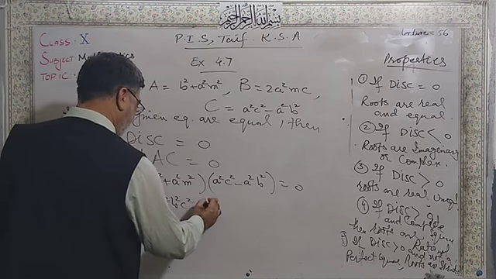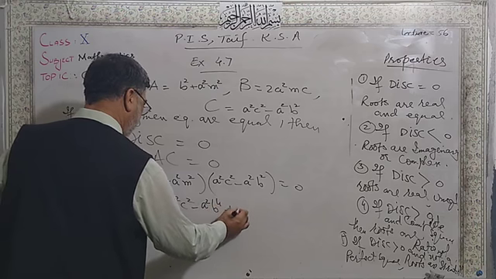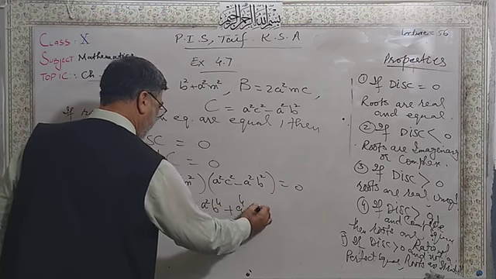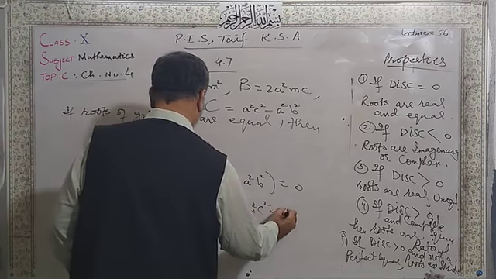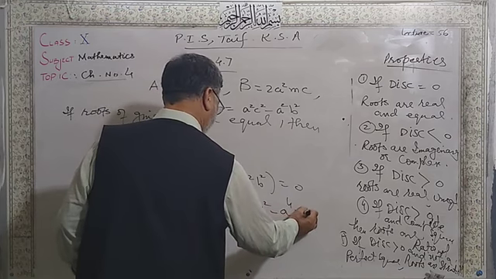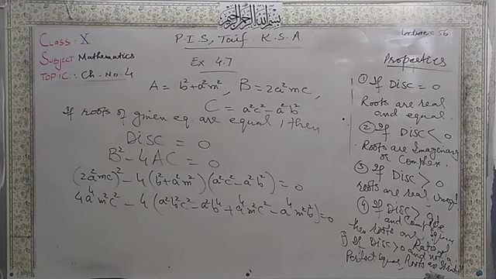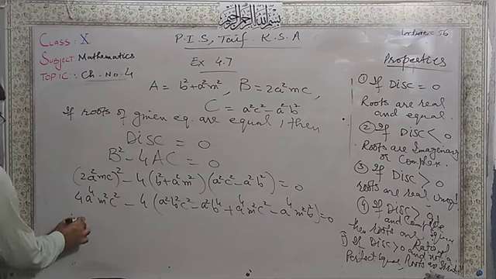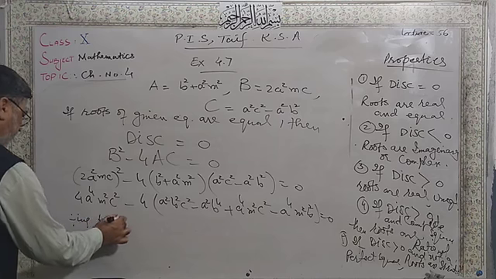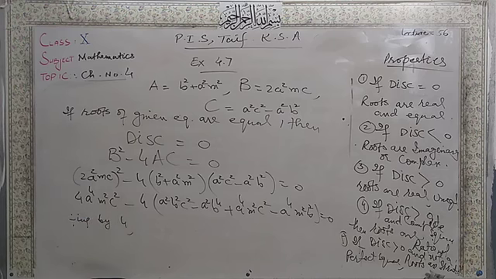Here is minus a square b4 plus a4 m square c square minus a4 m square b square. That is equal to 0. Dividing this equation throughout by 4.